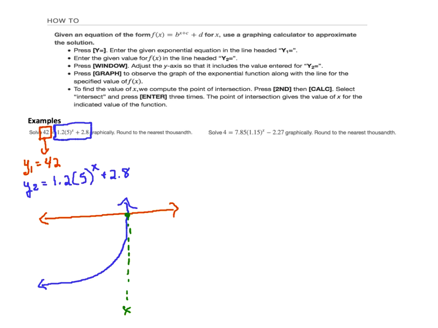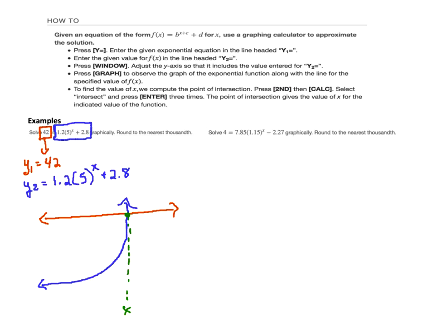So that's what I'm going to do here. I'm going to first go to y equals, and I do y1 is 42. Y2 is 1.2 times 5 raised to the x power plus 2.8.